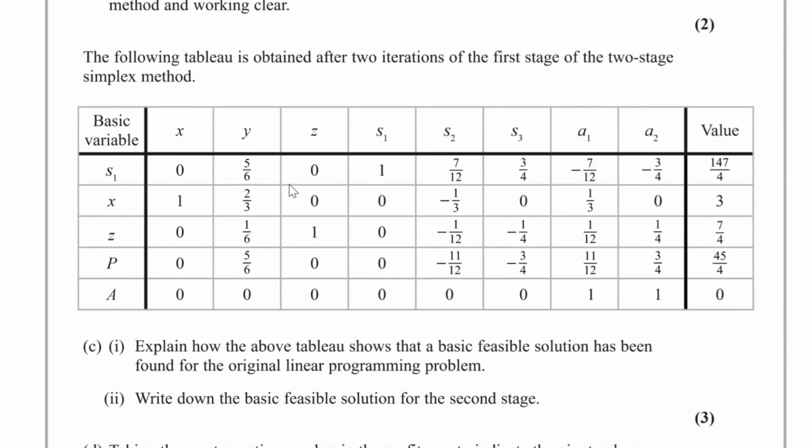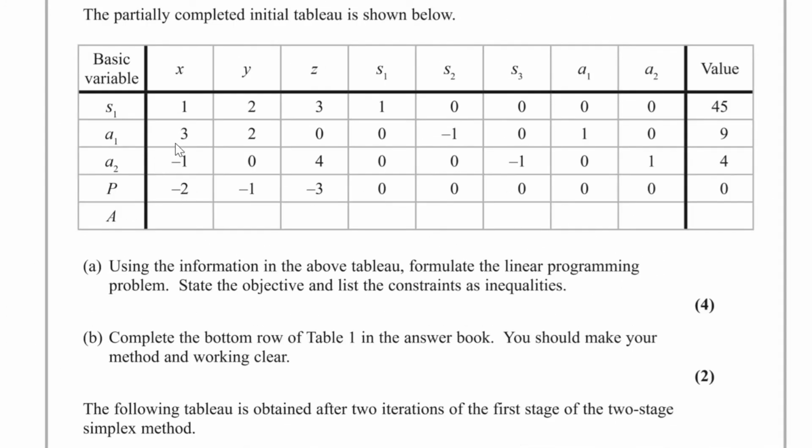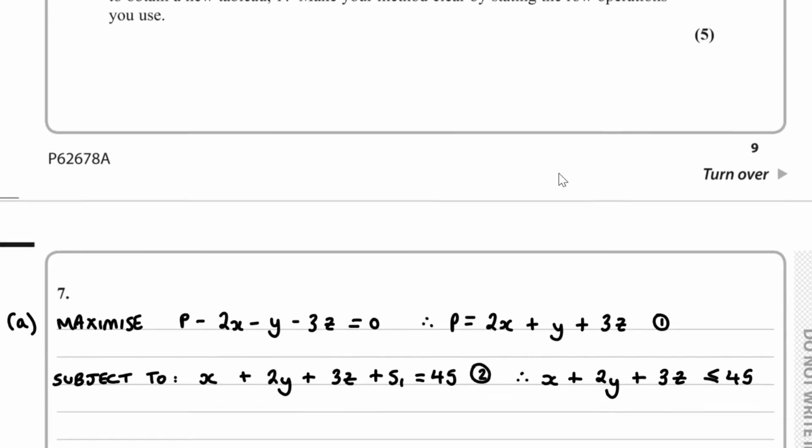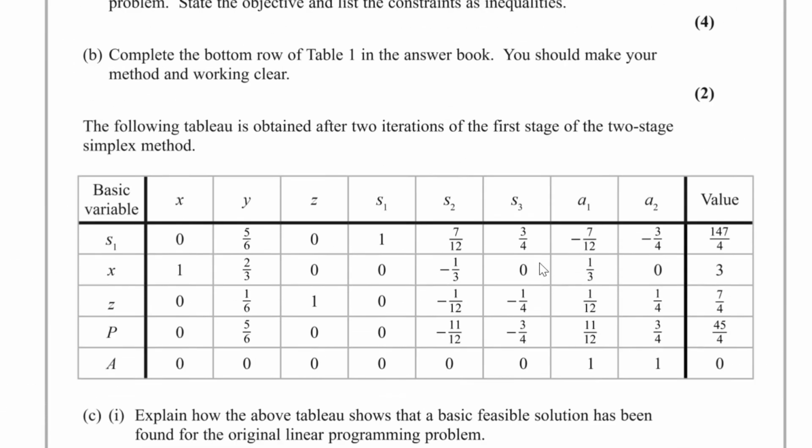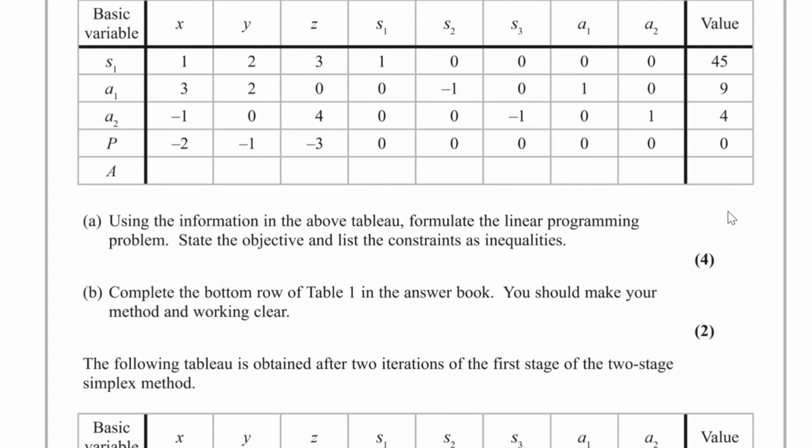And now if we take a look at the next row, we've got 3x, 2y, 0z, 0 s1s, minus 1 s2, 0 s3s, and one A1. So here we've got 3x plus 2y, we've got 0 z's, and we have a minus s2, and then we have a positive a1, and this is equal to 9, as we see from here.